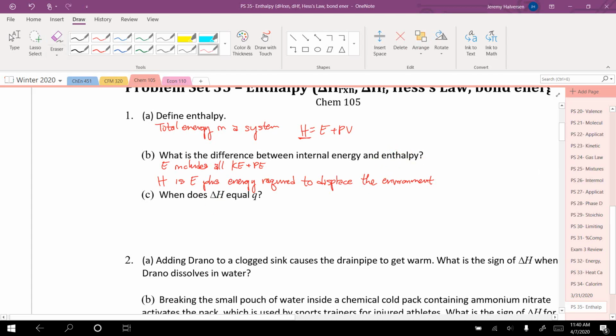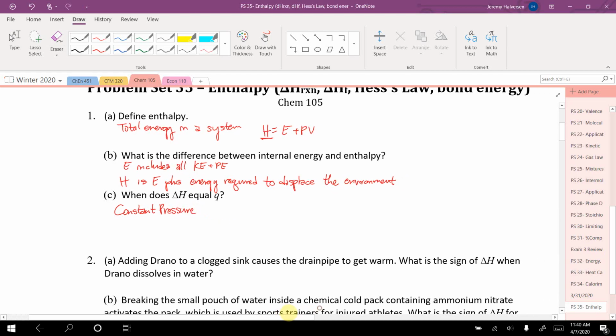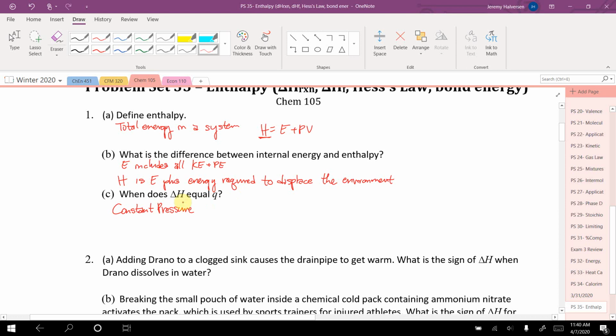And that brings us to the question of when does delta H equal Q? And the answer to that is constant pressure, which this entire course is at. So here's the idea why I'm talking about change in enthalpy. Change in enthalpy is delta H equals delta E plus delta PV, which is using the calculus chain rule, which you don't have to know. But if there's constant pressure, delta P is 0, so that's 0.